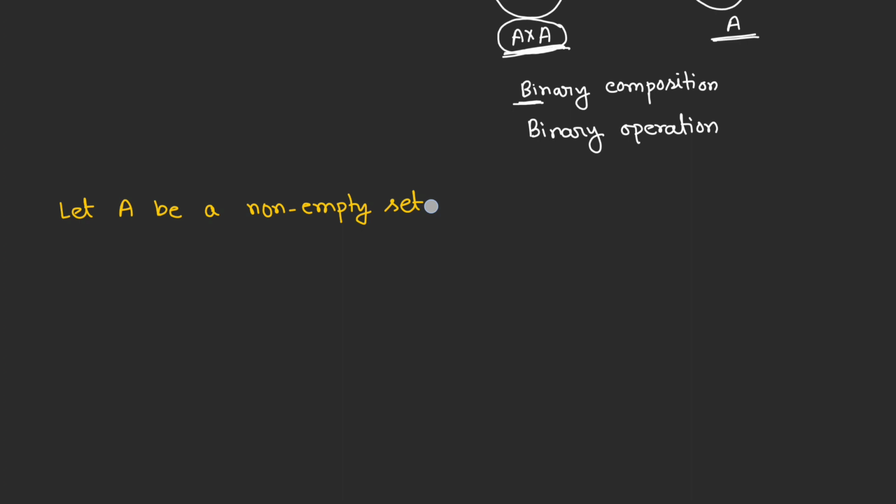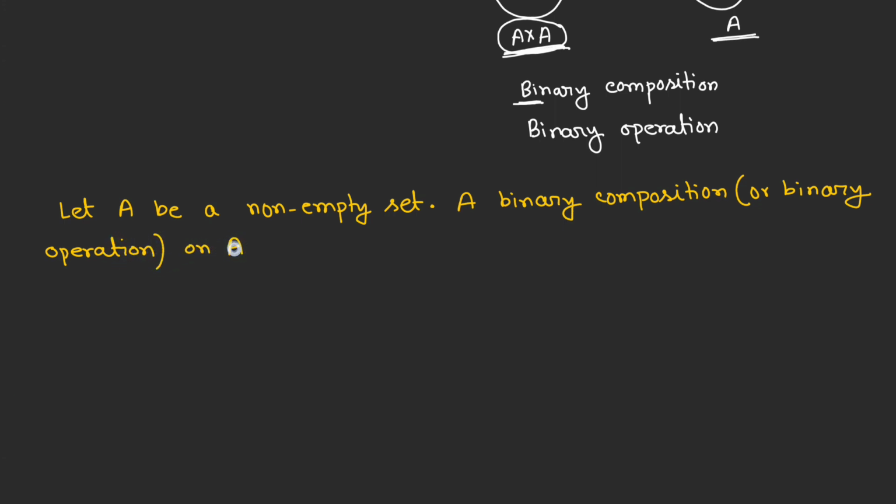A binary composition, or binary operation, on capital A is a mapping f that maps A cross A to the set A. This mapping is called binary composition or binary operation.